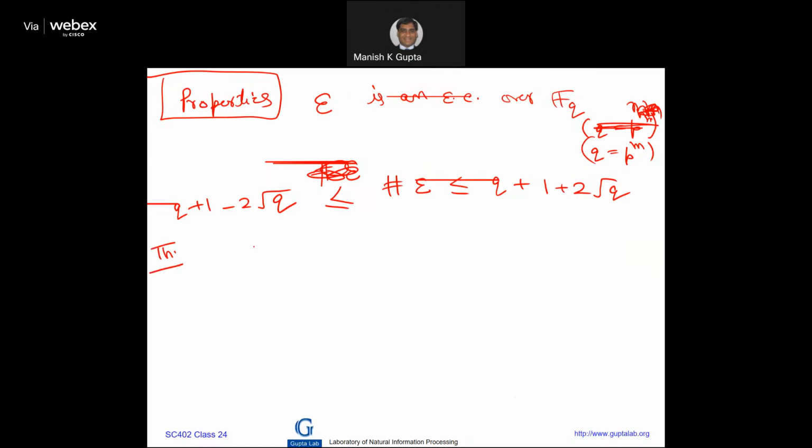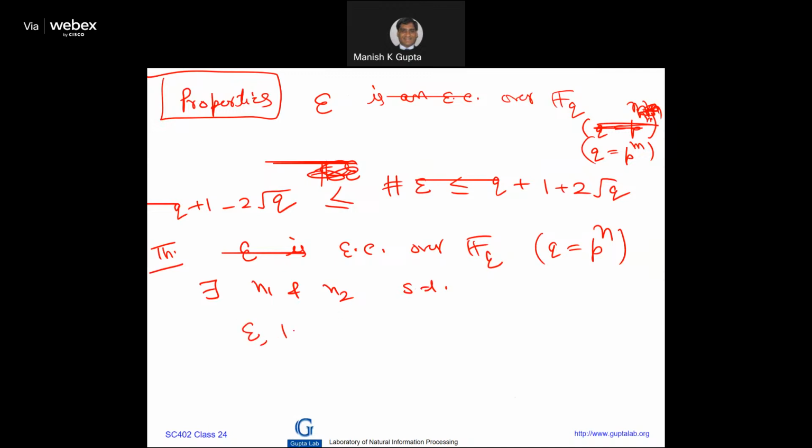One main result which I would like to mention here: if E is an elliptic curve over Fq, and q is p raised to the power n for some prime p, then there exist integers n1 and n2 such that E(Fq) is isomorphic to Z_n1 cross Z_n2.